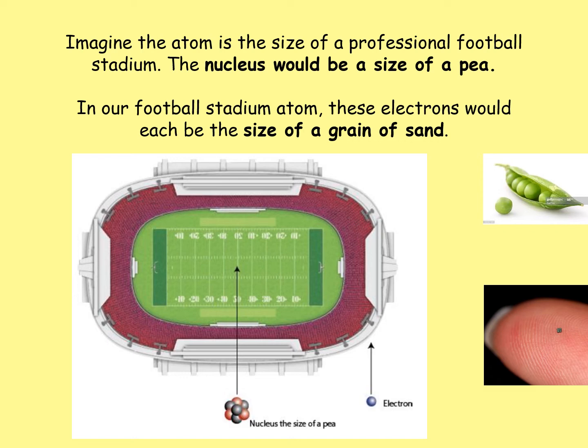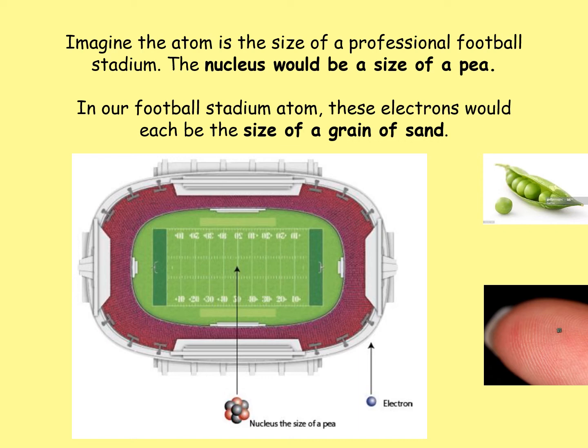If the whole atom was the size of a stadium, the nucleus would be the size of a single green pea. So if we got a pea from this pea pod and we dropped it in the middle of a stadium, that's the size that the nucleus would be inside of the atom. Most of the stadium would be empty, and most of an atom is empty space.